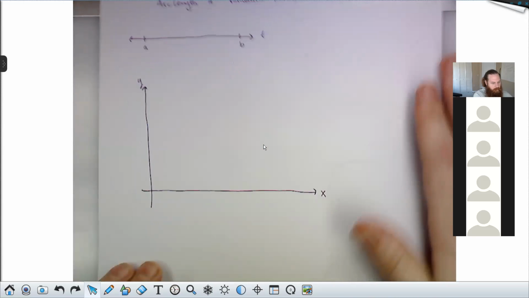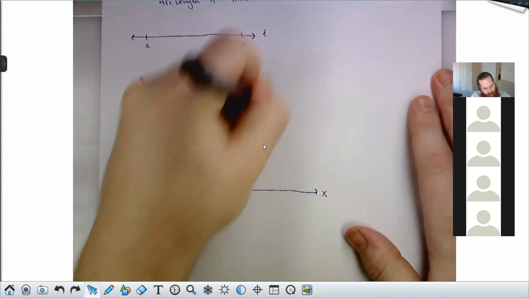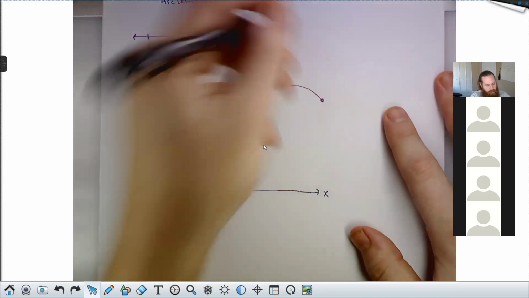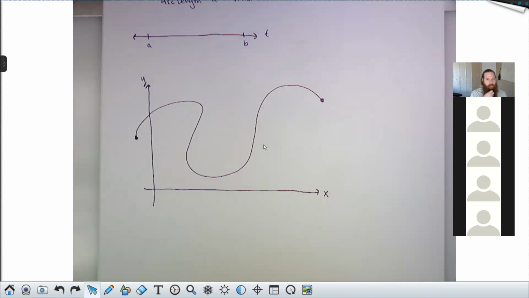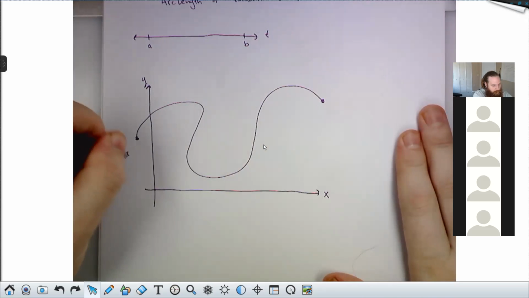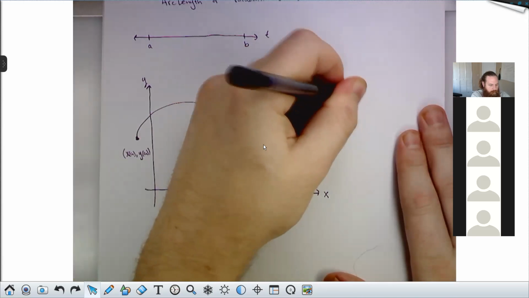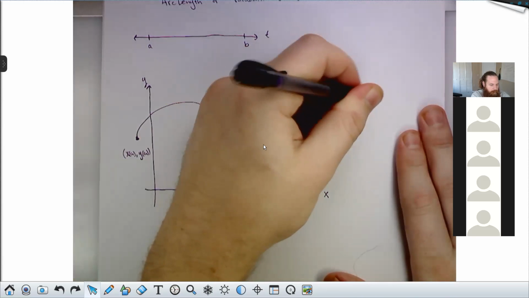And I'll draw in just a little arbitrary parametric curve. Maybe it starts over here and does something like this, ends over here. So this point would be x of a comma y of a. This point over here, the terminal point, x of b comma y of b.